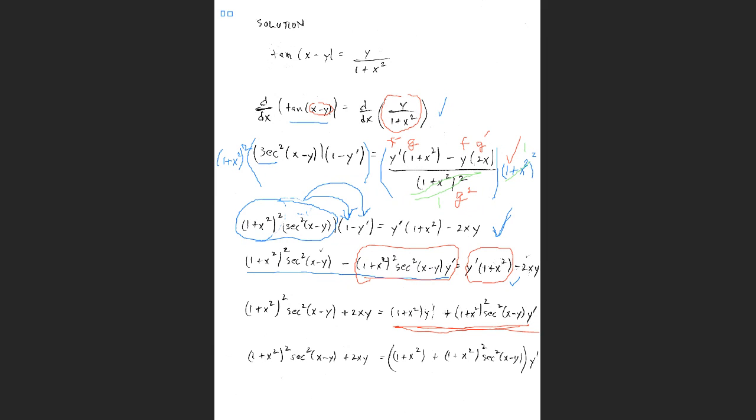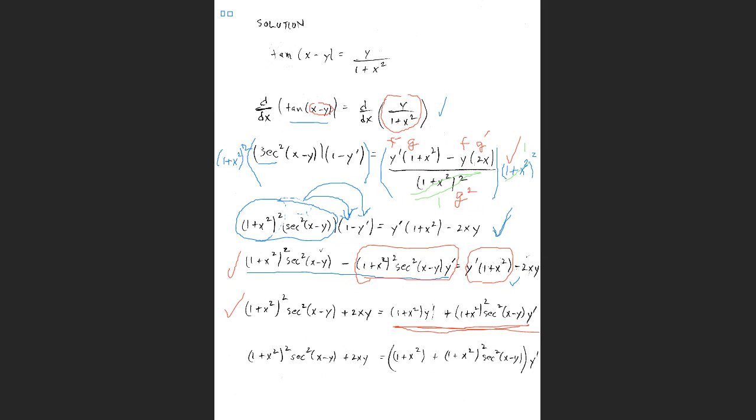I mean, I added to both sides of the equation, I'm talking right here, this equation, the 1 plus x squared secant squared x minus y prime term to both sides. And then I added a 2xy term to both sides. And then that got me down here.